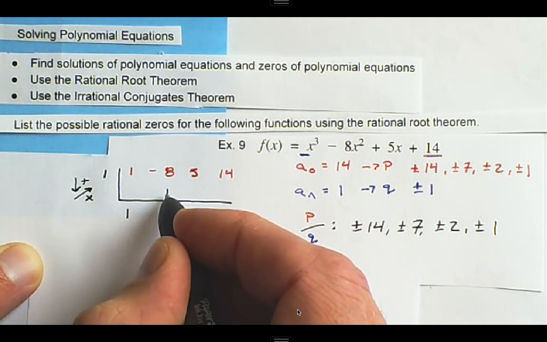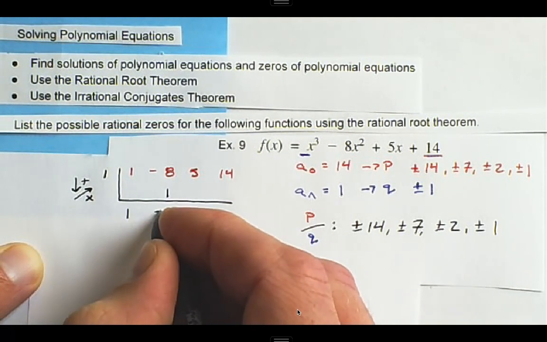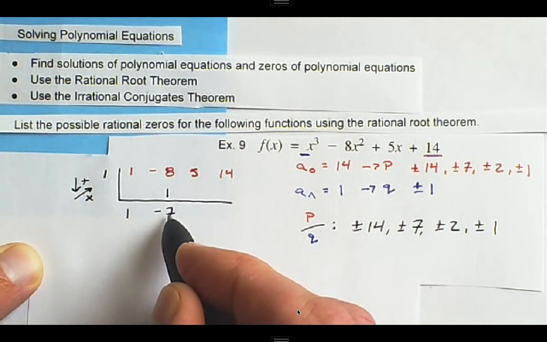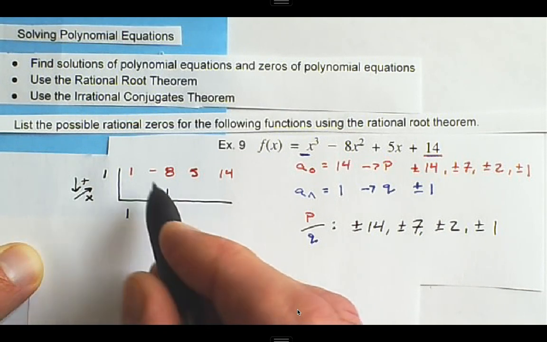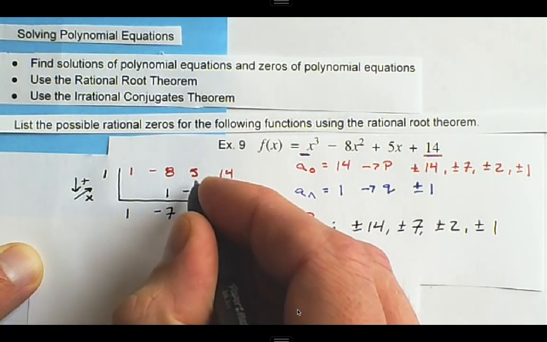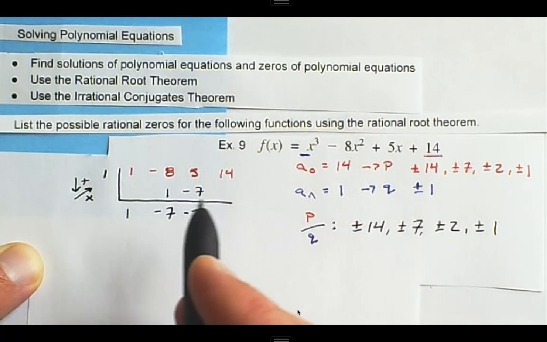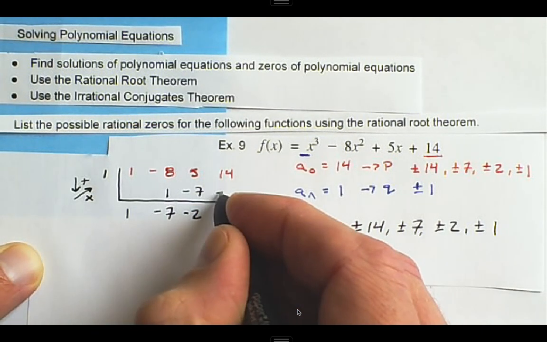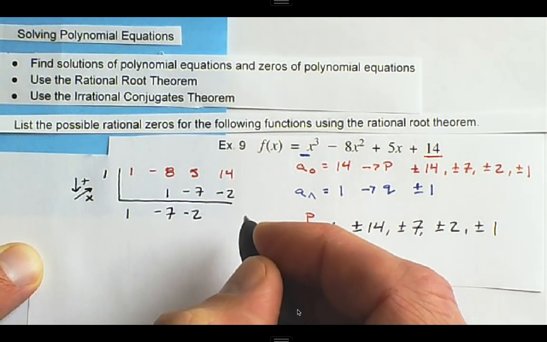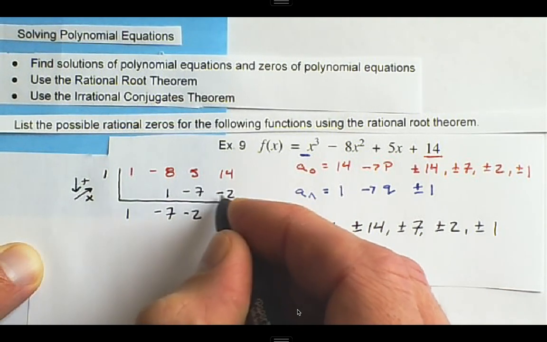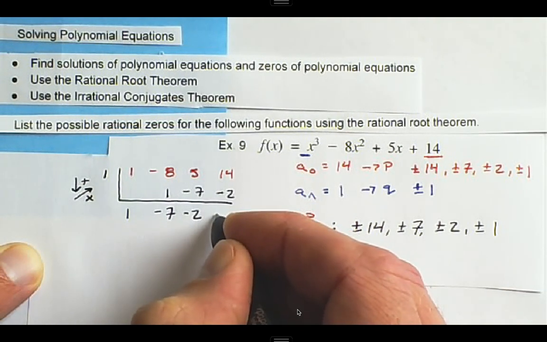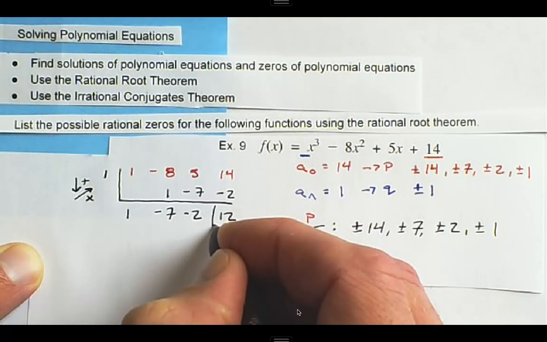Negative 8 plus 1 is negative 7. Negative 7 times 1 is negative 7. Add those down. 5 minus 7 is negative 2. And 1 times negative 2 is negative 2. And then we add down. 14 plus negative 2 is 12.